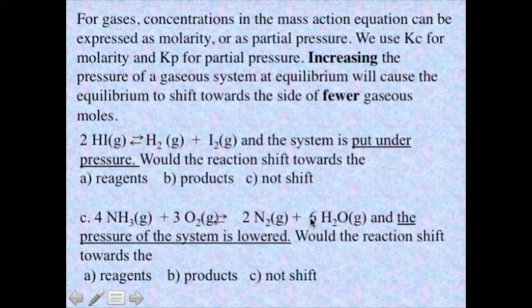So there are more gaseous moles on the product side than the reagent side. If the pressure of the system is lowered, the system responds by producing more gaseous moles. The production of more gaseous moles is favored. So this reaction would shift toward the product side if we lower the pressure of the system.